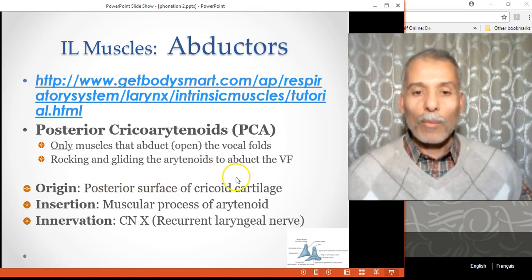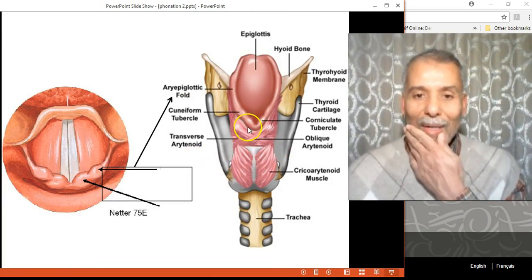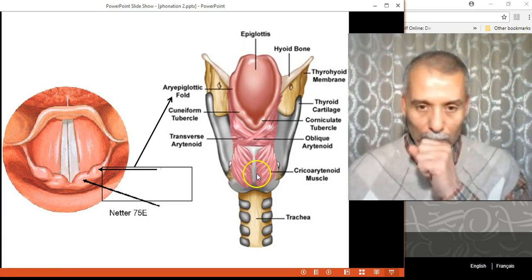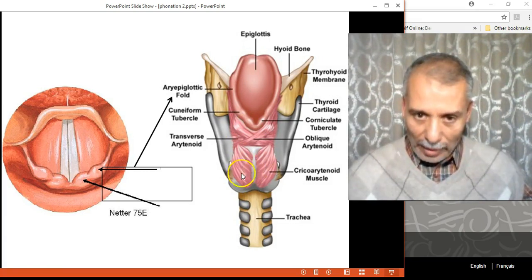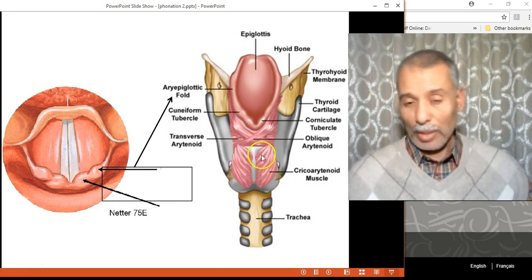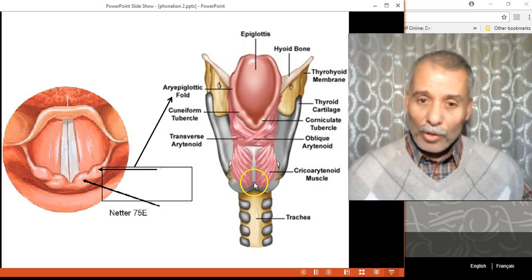Here you have a posterior view of the larynx, and you can see the back of the cricoid cartilage, the signet portion, and the line of symmetry.